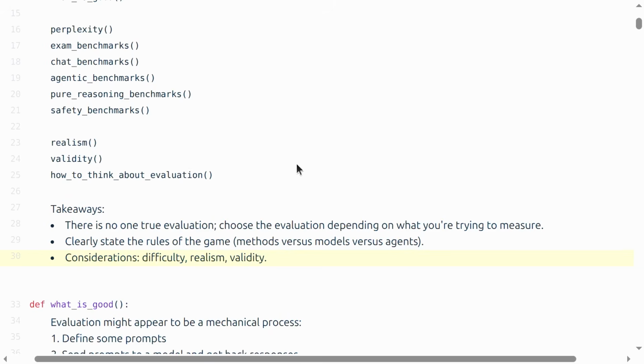They vary in terms of difficulty, realism, how valid they are, and there are often trade-offs. It's hard to have something really realistic and difficult and ecologically valid with no train-test contamination. So often you have to compromise on one of these factors, and depending on your goals, you will have to choose which one you're willing to compromise on.